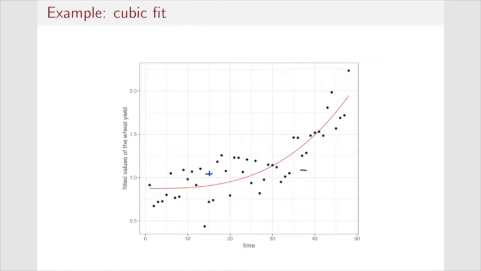Notice that the x-axis is still the variable time, not the cube of time. If we plot the cube of time over the fitted value yi hat, then we will get the linear line again.